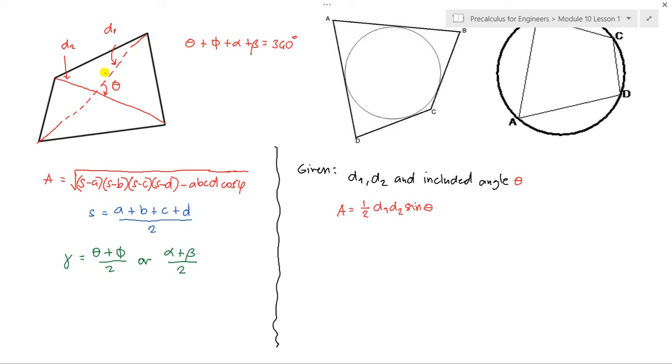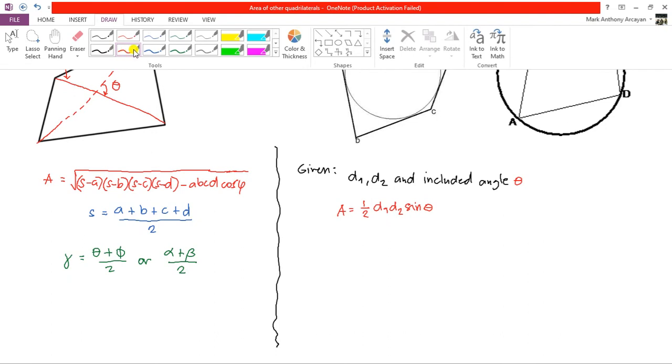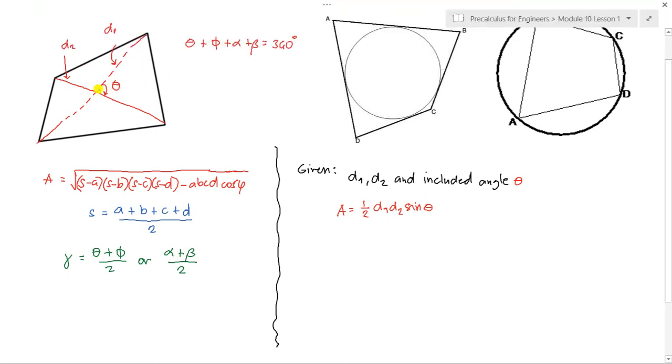So why is it like that, sir? Well actually, going back to our figure, if this one is theta, then this is 180 minus theta, right? This is 180 minus theta.